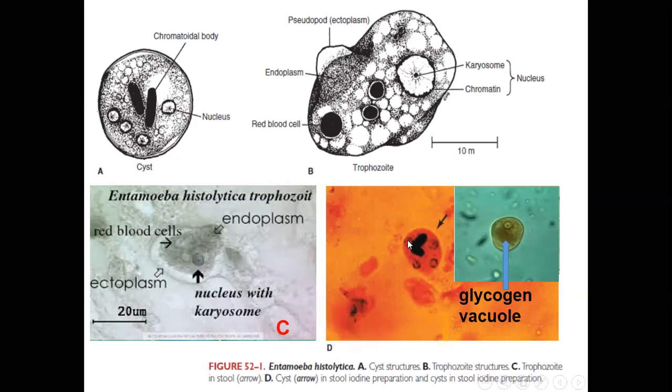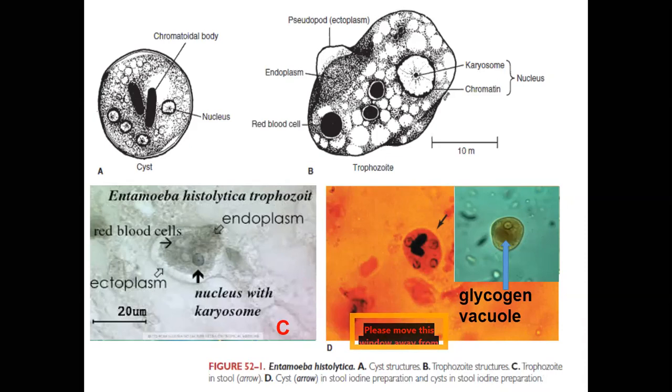The cyst of Entamoeba histolytica has 4 nuclei and glycogen inside it. And this is the glycogen vacuole, which we can stain with iodine. That is why for stool examination, we do a wet preparation using normal saline.